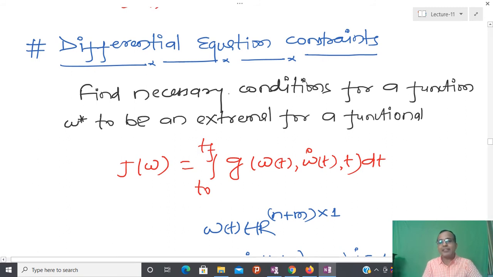The objective of this part of the lecture is to find the necessary condition for a function. I have already told you that whenever I define some kind of functional, I have to find a function such that it is going to extremize that functional.